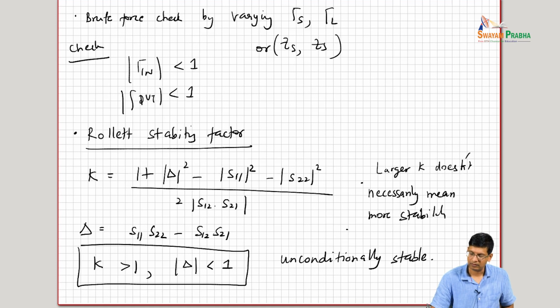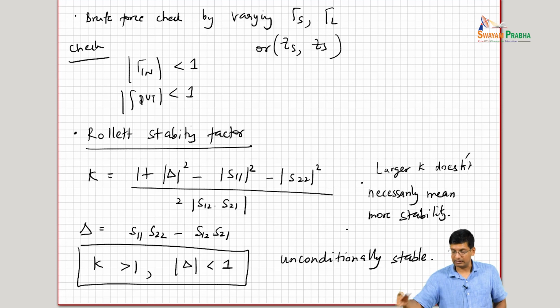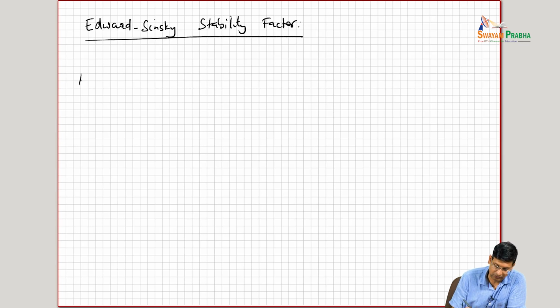Whereas there is another test which we call the mu factor test, or the Edwards-Sinsky stability factor, and this is mu, and mu is 1 minus S11 squared divided by S22 minus S11 conjugate times delta, plus S12 S21.